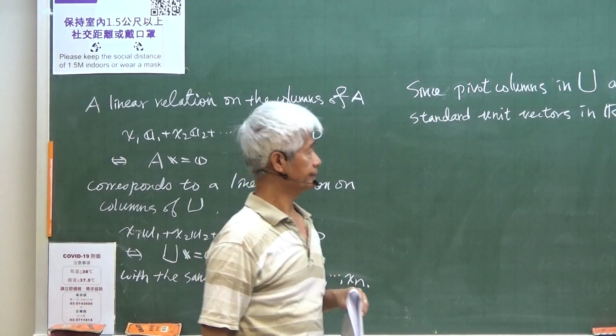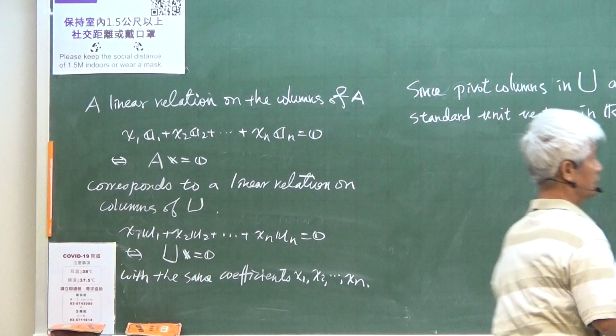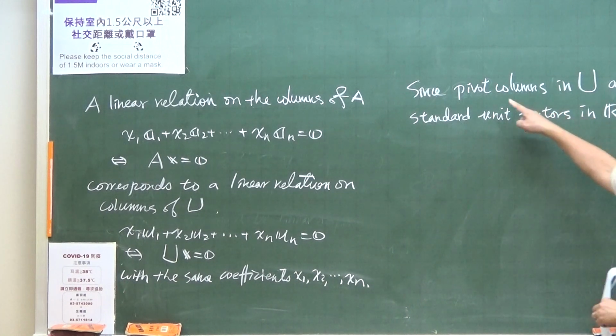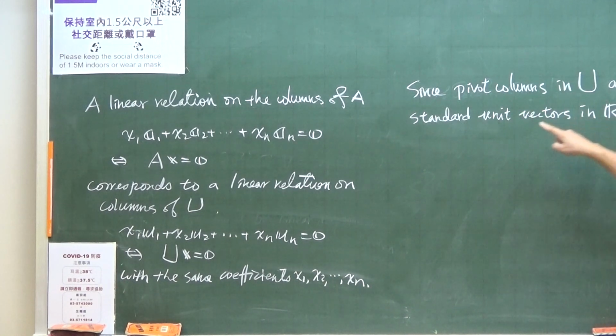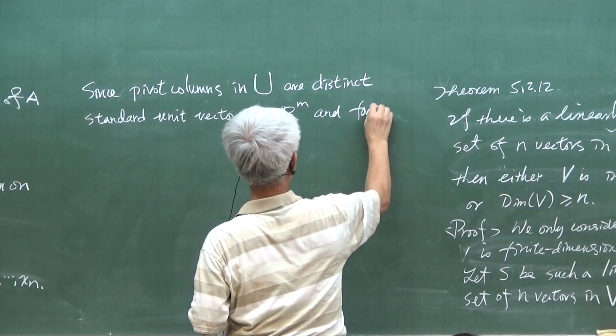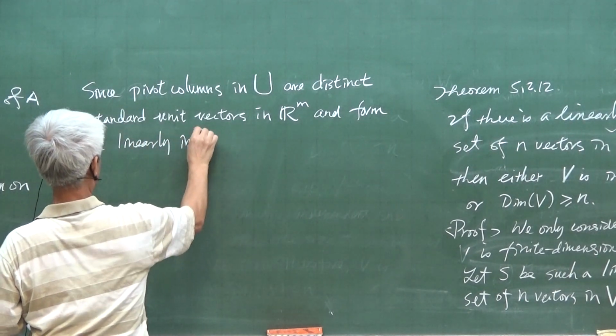Okay. So A, that means the dimension is m times n. So the pivot columns here, you can see the pivot columns in the reduced row echelon form must be standard unit vectors. Okay. So the pivot columns are distinct standard unit vectors and form a linearly independent set.